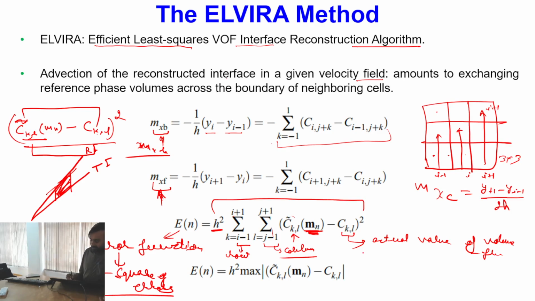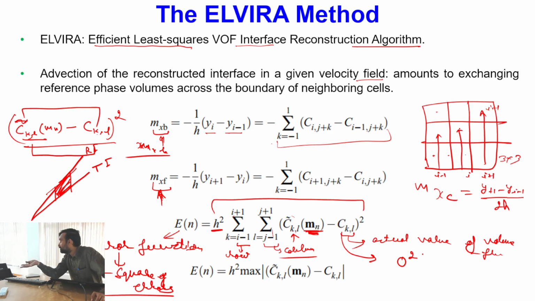C tilde KL minus CKL will always be a fractional quantity, and the square of a fractional quantity will always be very, very small. So I can simply say that whatever is the maximum difference between these two quantities, that maximum difference will be controlling the entire error, because the squares of all the remaining terms will become extremely small.